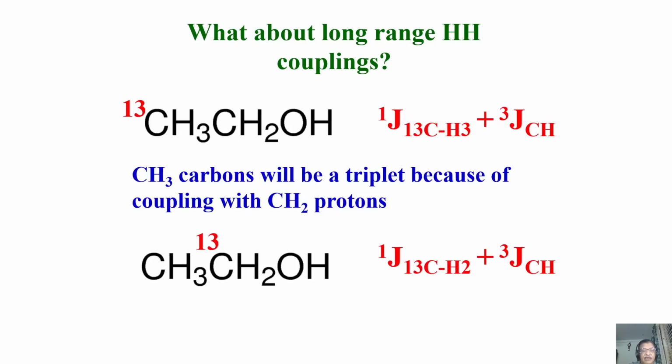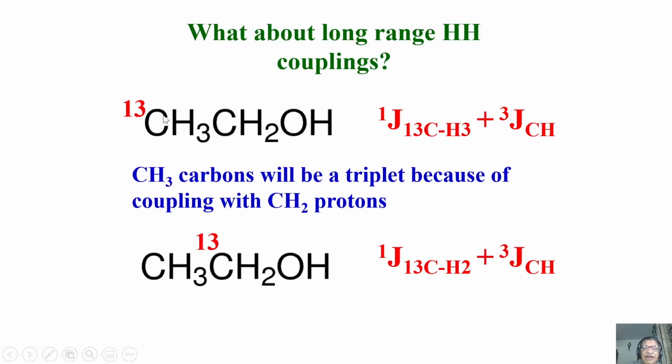And similarly, here also, if I look at this CH2 carbon, you are going to get coupling of this carbon to these two protons, which will be a triplet. And in addition to that, these three protons also couple to this carbon. Is it clear now? So carbon can experience simultaneous coupling to other protons also.